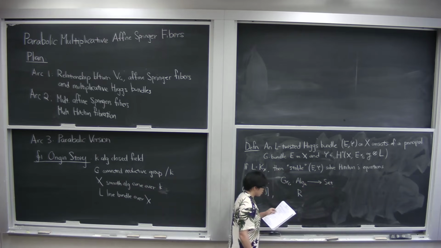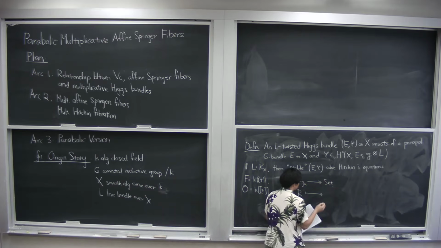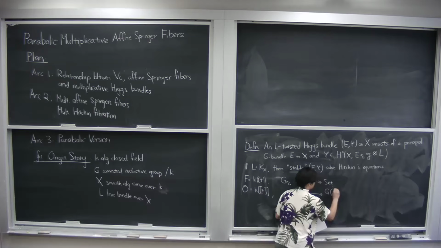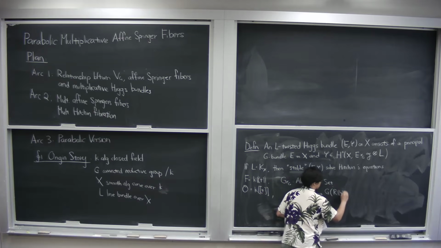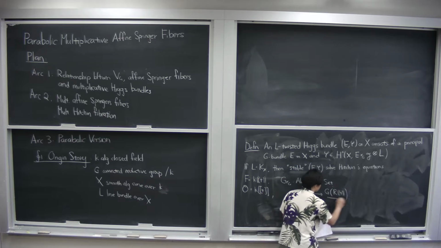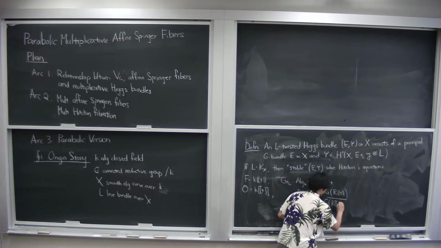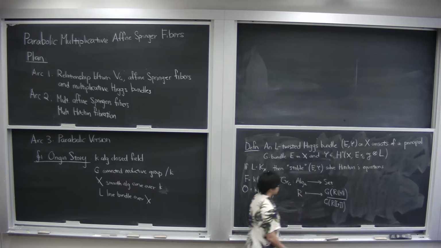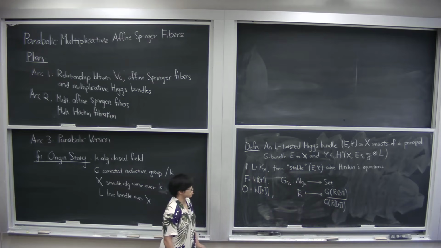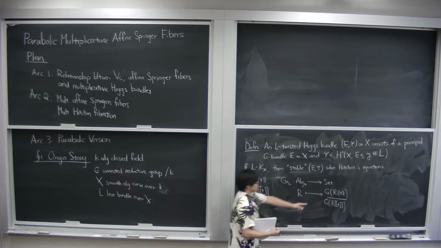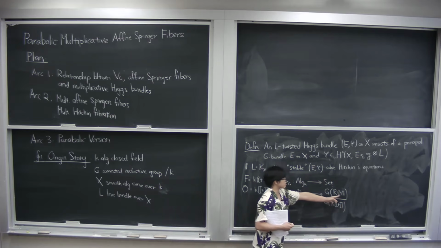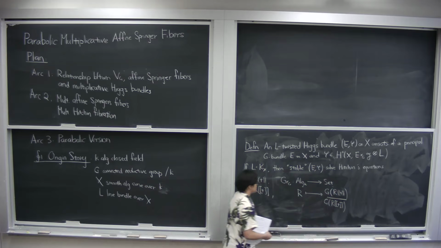It's a functor that takes a K-algebra to sets. It takes a K-algebra R to this quotient of loop groups, G(R((t))) to G(R[[t]]). If you let G be a matrix group, you can think of this as matrices whose entries are Laurent series divided by matrices whose entries are power series.